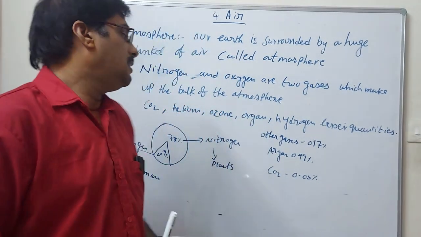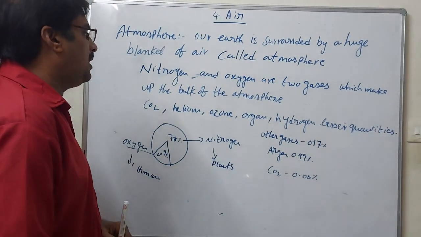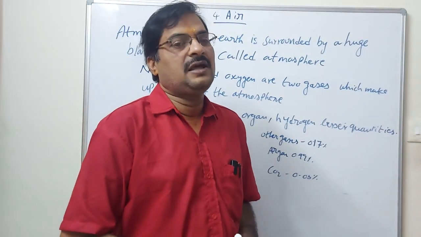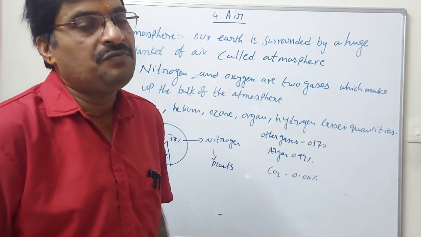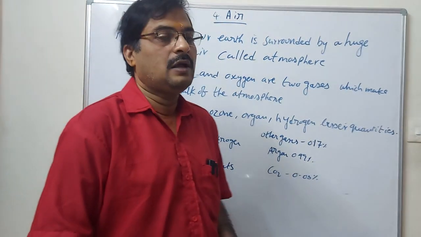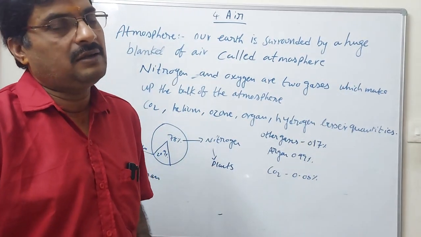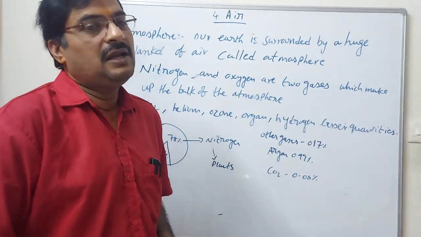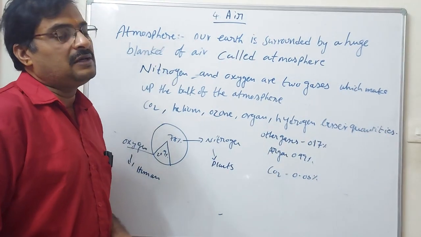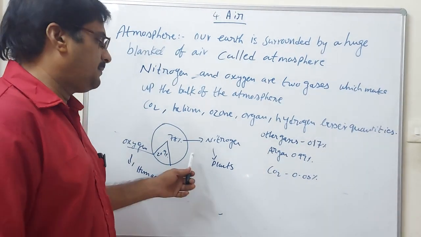Actually, not only oxygen, we have more kinds of gases in the atmosphere, that is CO2, carbon dioxide, helium, ozone, argon and hydrogen. But all these gases are present in less quantity in the atmosphere.